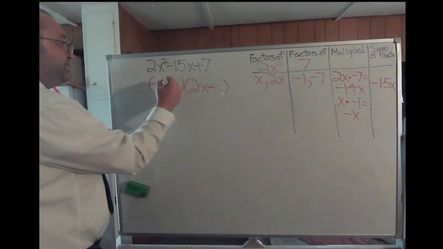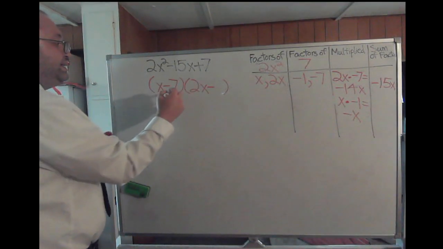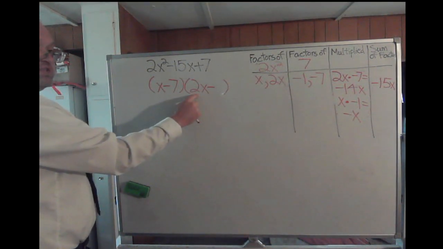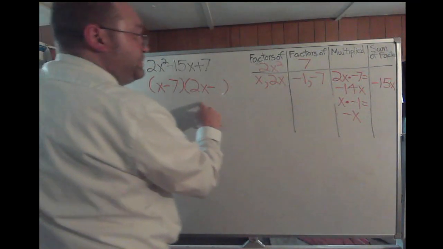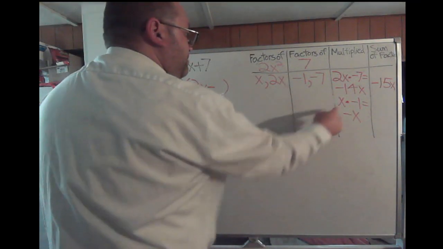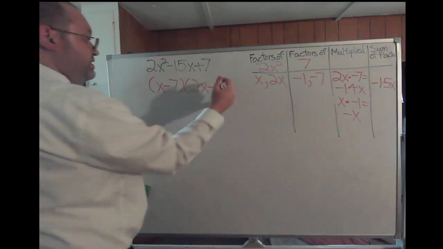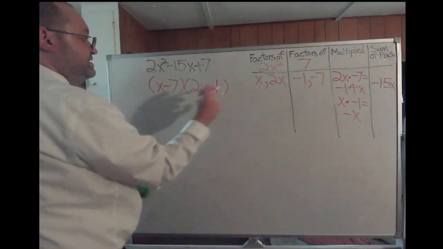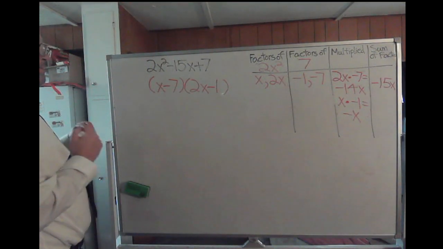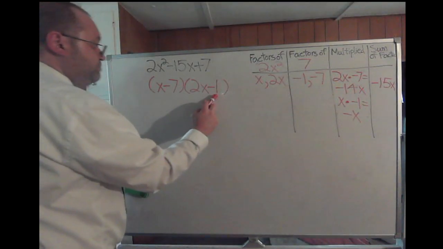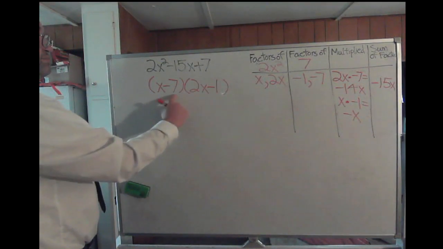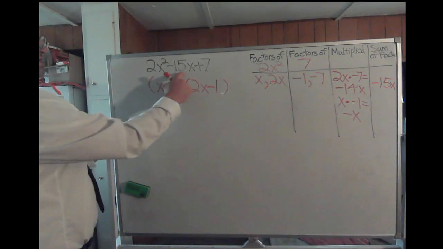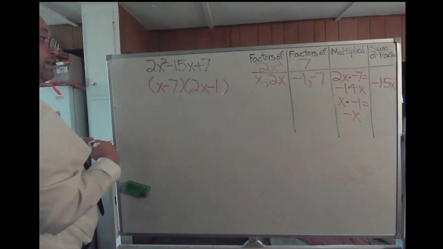That means your 7 is going to go inside the first quantity, so you can multiply that -7 by 2x, and you multiplied x times -1, so you'll put your 1 inside the second quantity, so you can get x times -1, which would give you -x.